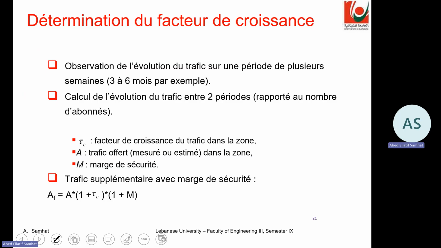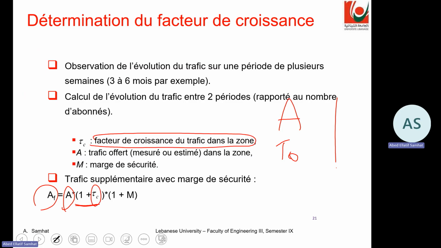And typically, if you want to consider your traffic at A, which is the time t0, okay, after one period, you should take A prime, which is A times (1 plus 0.2), where 0.2 is considered as the increasing factor. It's due to the growth of the population or the traffic, and it's also possible to add some security margin for your work. So you don't work on A, you work on A taking into account the growth of the traffic and a certain margin.